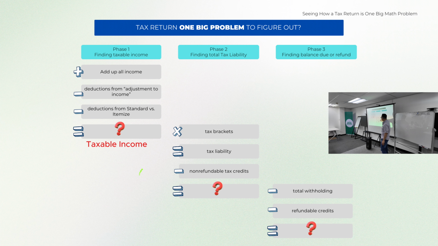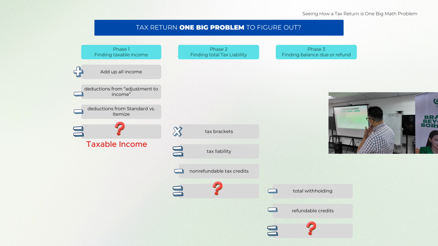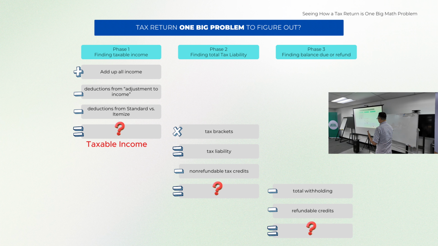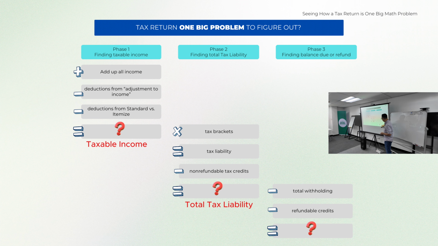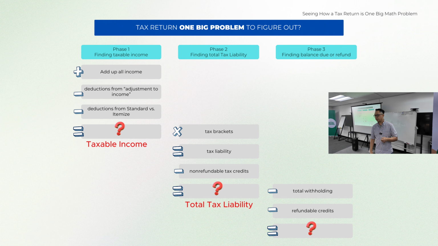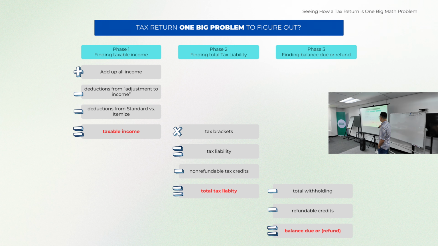It equals out to the tax liability, and then you take into account the non-refundable credit. What's the next line? So the updated tax liability or still the tax liability? Yeah, so total tax liability, okay? And then what's this one right here? Yep, correct. Balance due or refund.